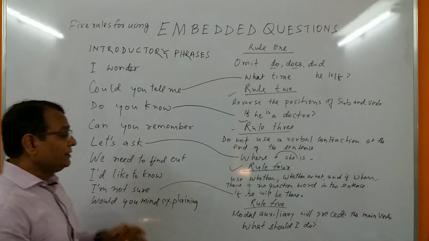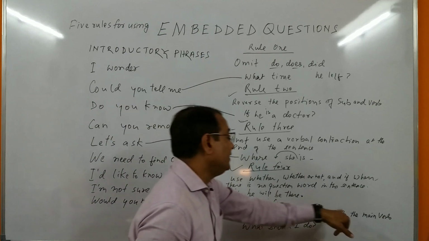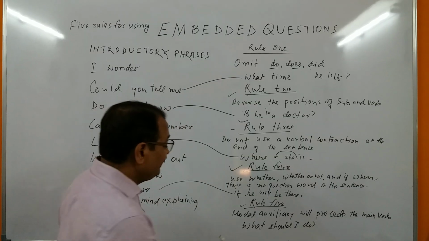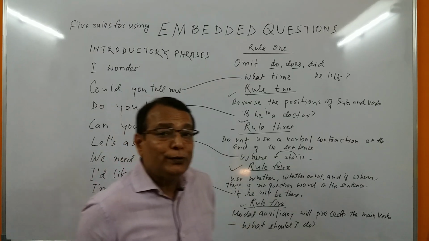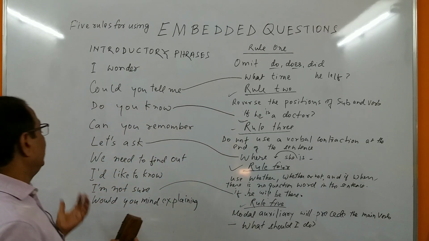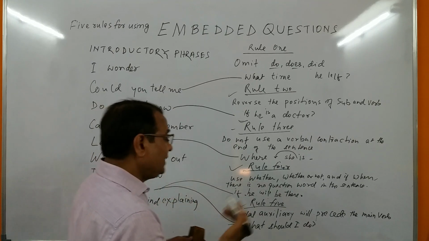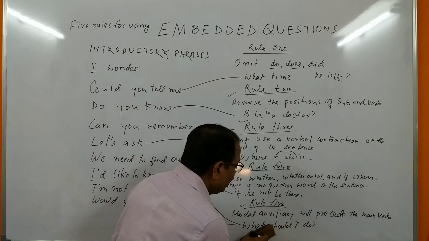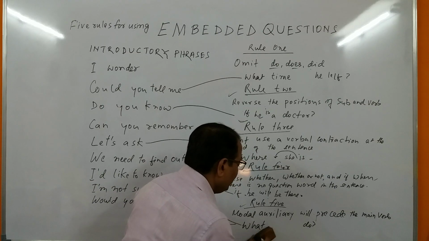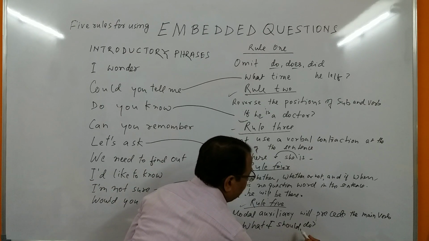The last one is rule number 5: the modal auxiliary will precede the main verb. The direct question is "What should I do?" But suppose you are speaking like this: I am not sure what I should do. What you are doing is writing first "I", the subject, and then the modal verb "should".